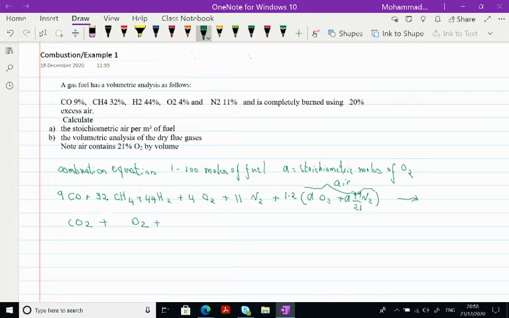Then we are going to have nitrogen in the exhaust product, and H2O as a result of complete combustion of hydrogen. We don't know the coefficient of the combustion product. So we will put the unknown coefficients B, D, E, and F. So this is our combustion equation.